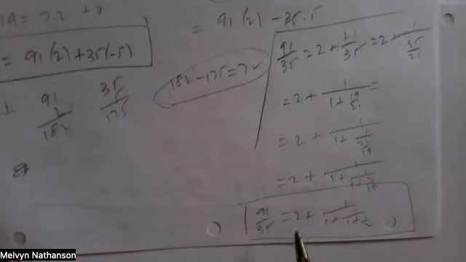So I have this interesting way of writing my fraction. It's 2 plus 1 over 1 plus 1 over 1 plus 1 over a half. So this is an example of what is called a simple continued fraction.